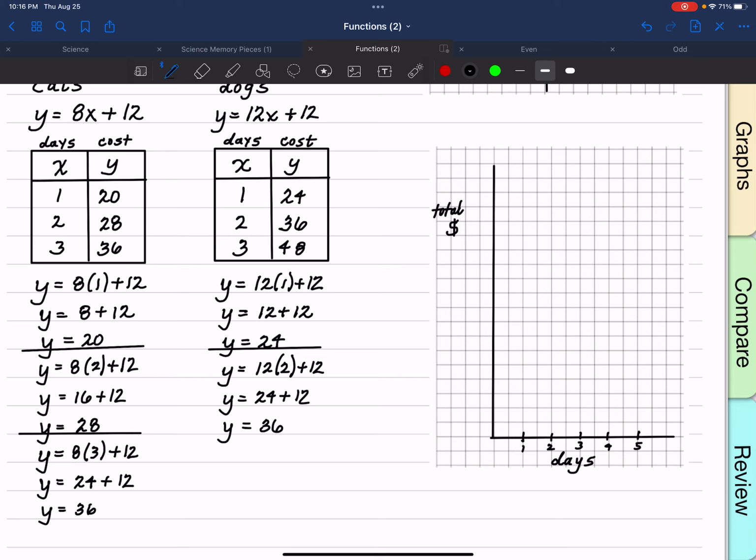So I'm just going to go by fives, I think, or let's see, since all of those are even numbers, let's do it by fours.